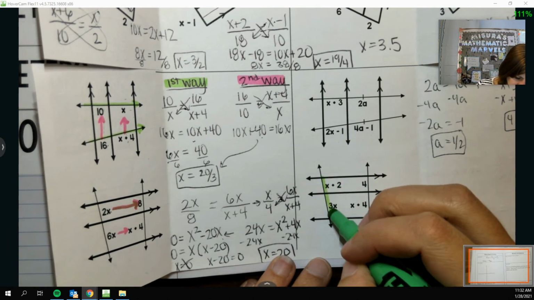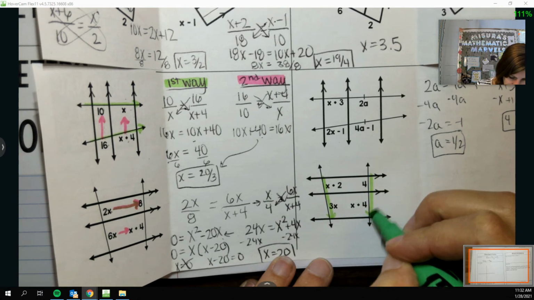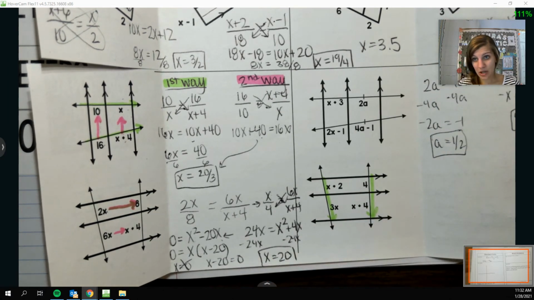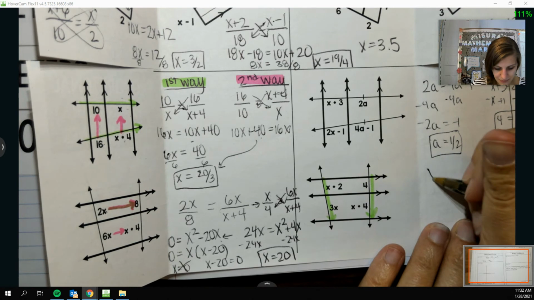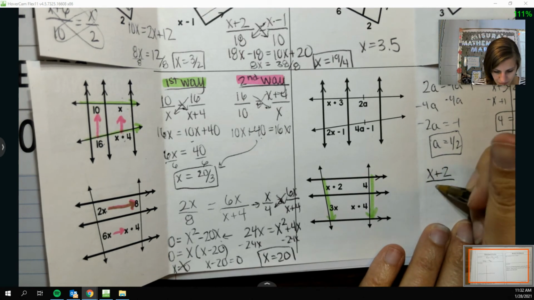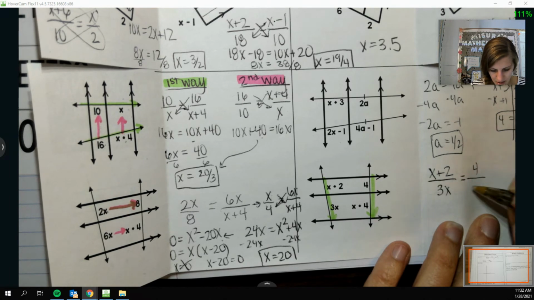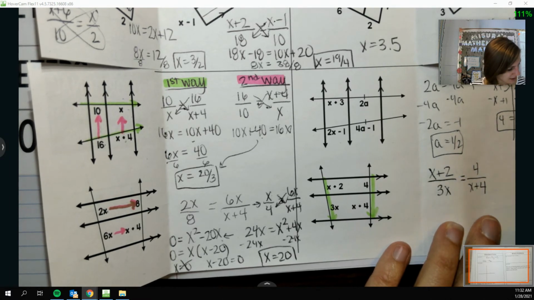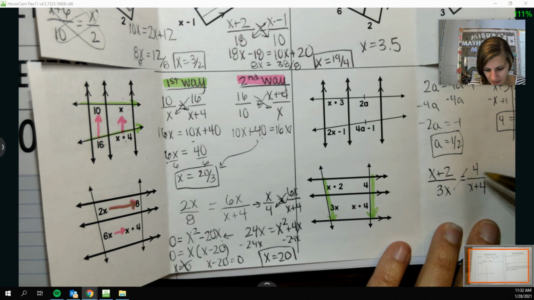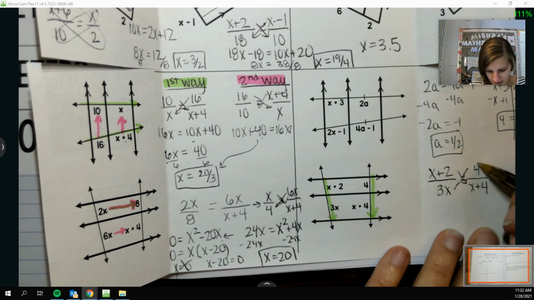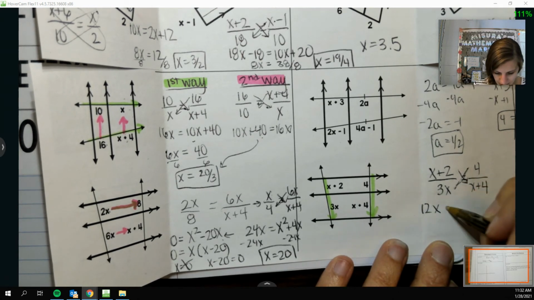So if I travel the transversal and write those ratios, I'd have x plus 2 over 3x equals 4 over x plus 4. So again, I would cross multiply. So 12x.